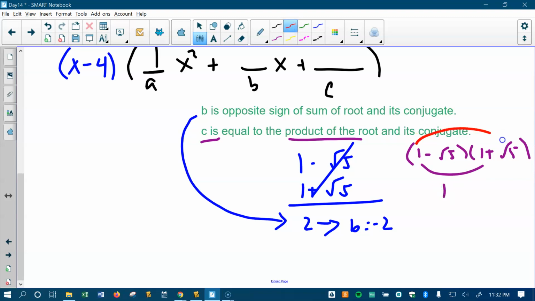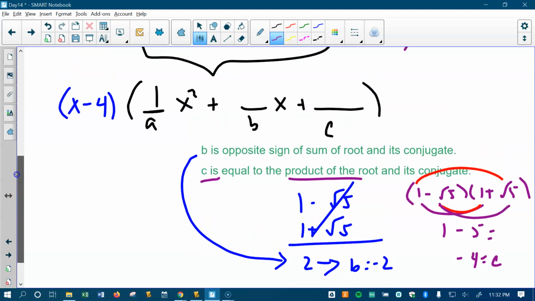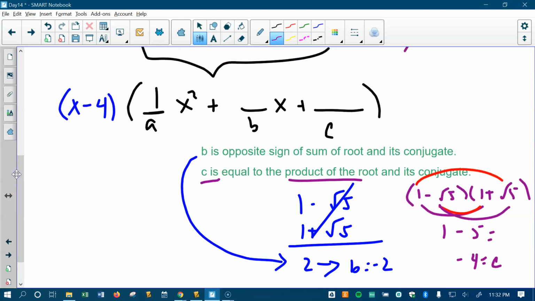The parts in red will cancel, and maybe you want to multiply that out to make sure that you know why. And then I get this last part here, which is going to be minus root 5 times root 5, which is just minus 5. And that's going to be equal to negative 4. And again, that's c. So let me fill in my values. B is negative 2. C is equal to negative 4.